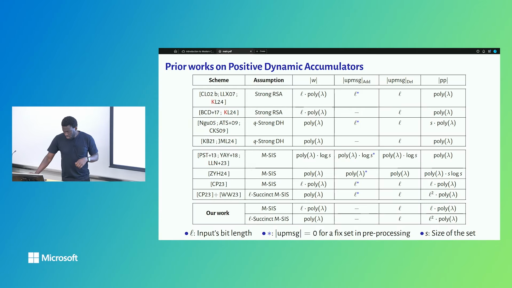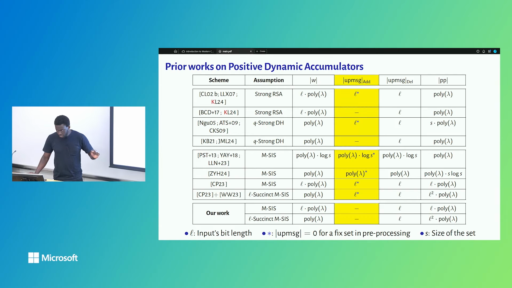Okay. So here is some prior work on positive dynamic accumulators. I know there is a lot of annotation, but all I want you to focus on is this column for the size of the update message after additions.